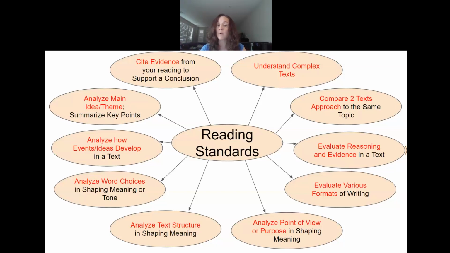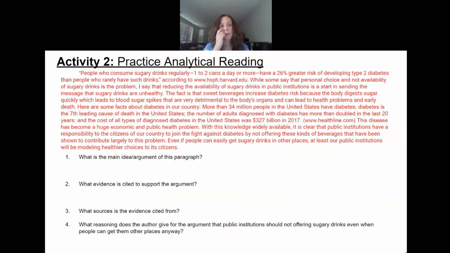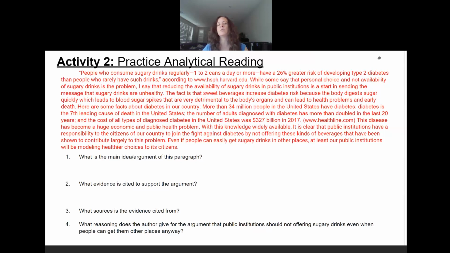And so that's really one of the points of this class, is to help you understand ways to figure out texts that are very hard for you. Okay, so this takes us to activity 2, which is practice analytical reading. So since these were the reading standards, I wanted you to practice some reading skills.